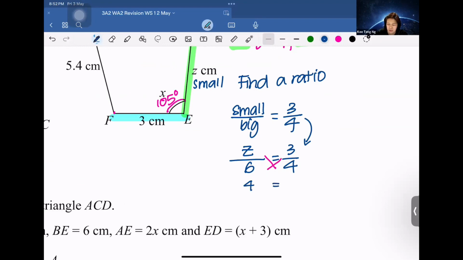So Z equals 6 times 3, 18. Then I only want Z, don't want the 4, so I divide by 4. So 18 divided by 4 gives me 4.5 cm. Have you gotten the answer?